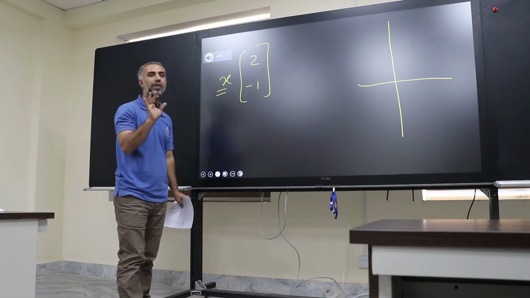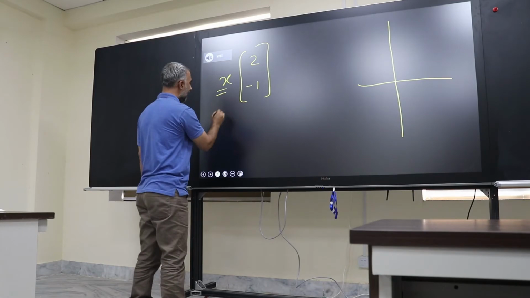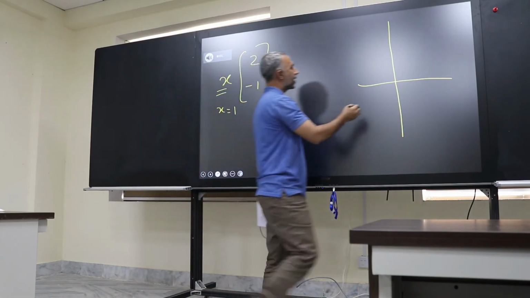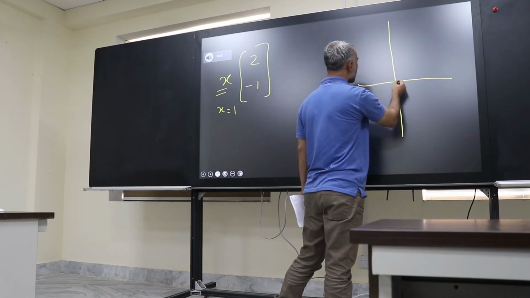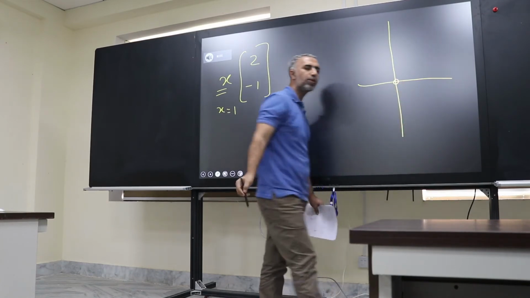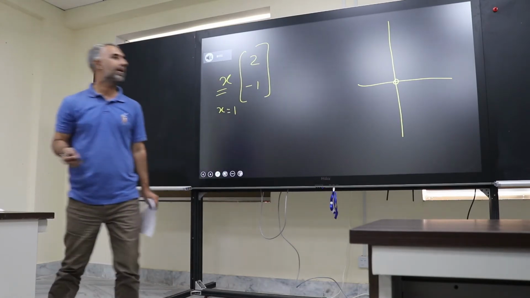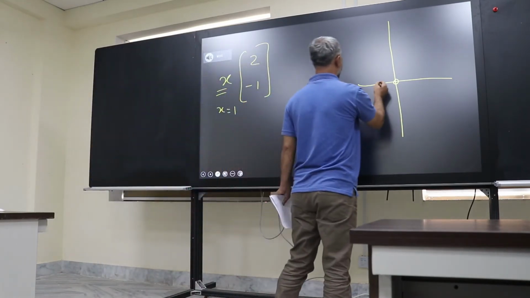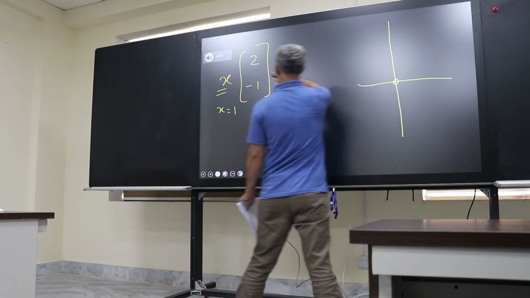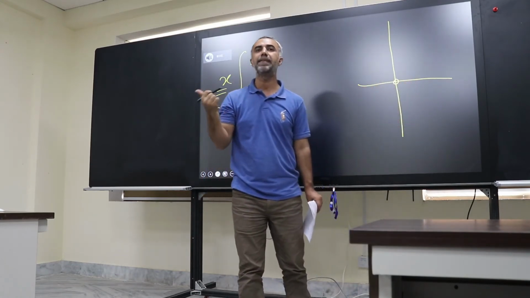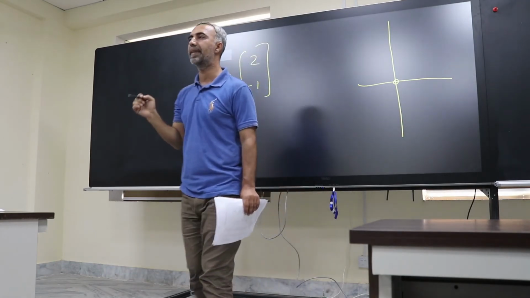For this we will start from 1. Okay, x equal to 1, then of course for drawing this vector you can start from some origin. The first element represents the x-axis, the second element represents the y-axis.